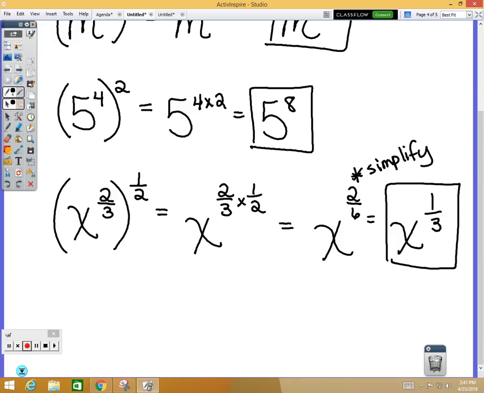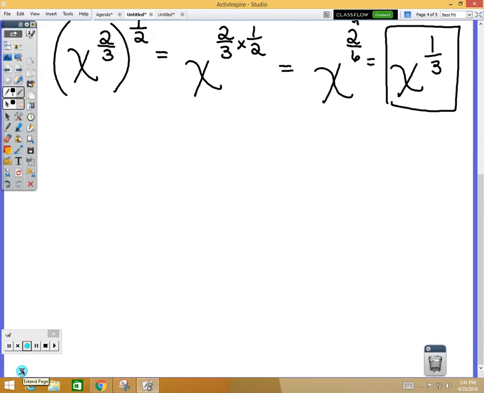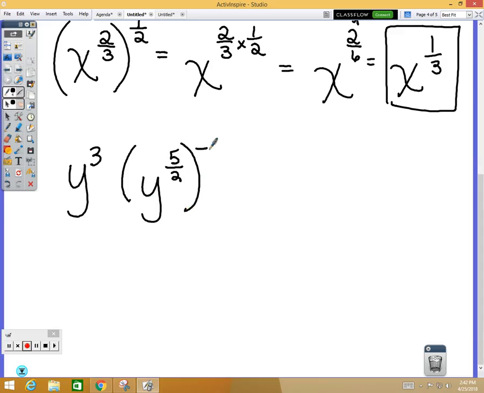Alright, if we get that, then let's move on from there, and we're going to combine the things that we reviewed with this new concept, okay? So let's say we have y to the 3rd power, and then in parentheses, I have y to the 5/2 power, and that to the -2 power.